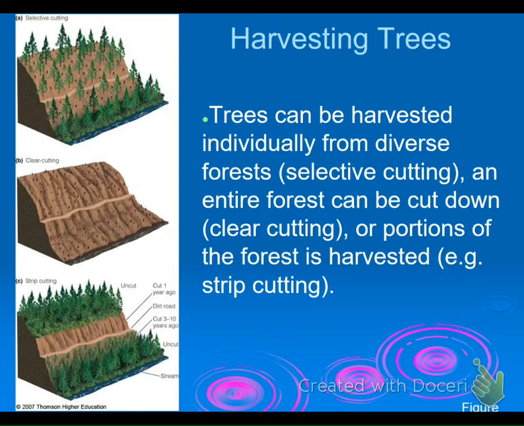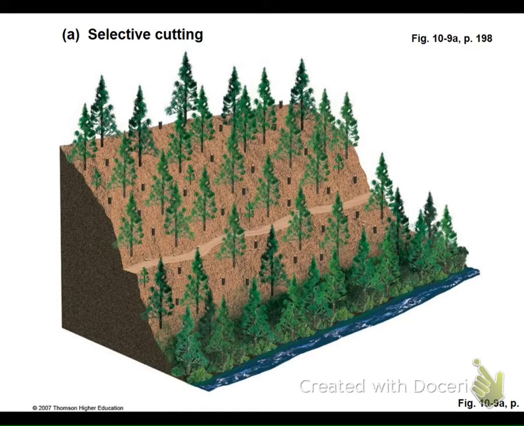Now, different ways that we cut trees. One of the ways is selective cutting. In these, what typically happens, and there was a law written about this back around 2000, is that lumber companies were allowed to go in and cut a certain number of the trees, and it had to be equally spaced.